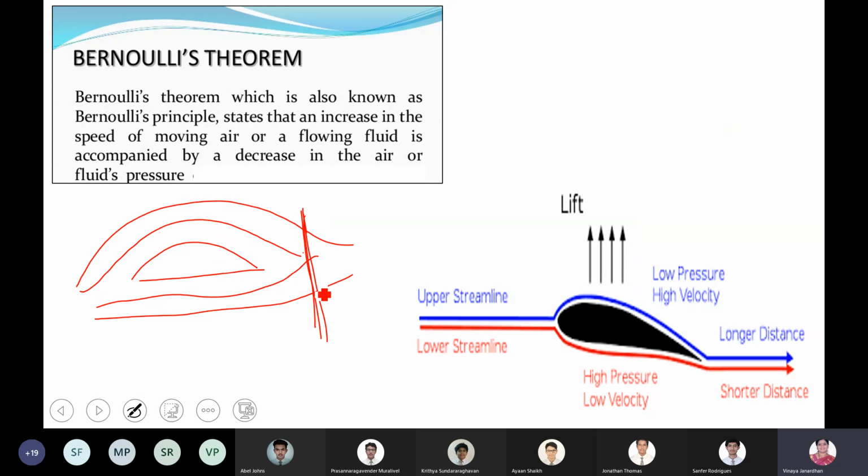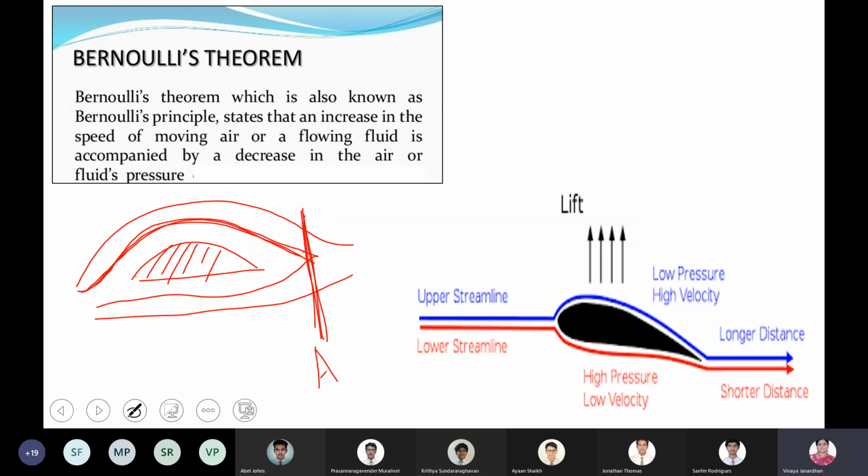So if the air molecule has to reach this point A, the air has to travel with a greater speed because it's traveling a longer distance because of the curved path. This is your wing.